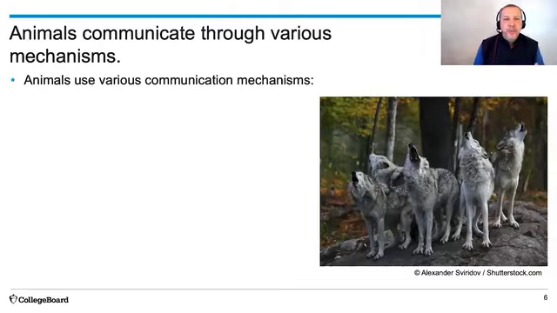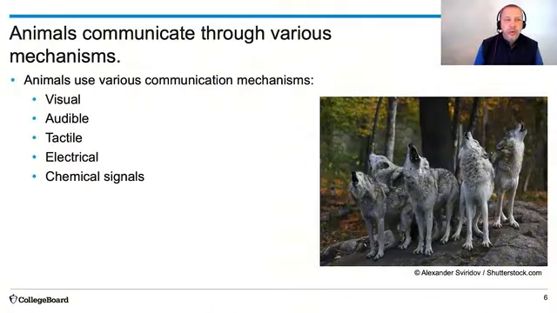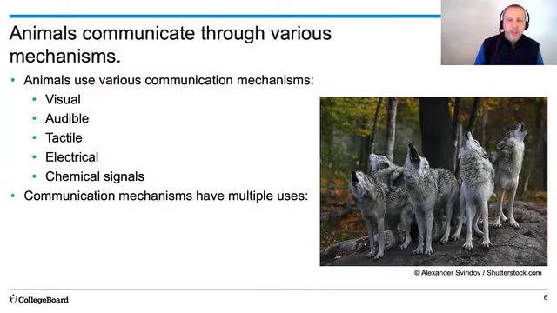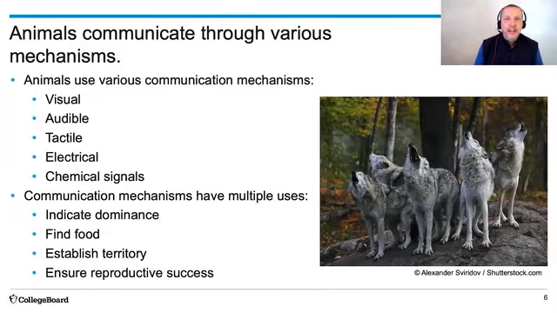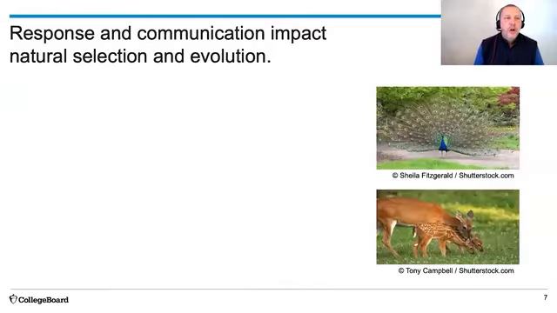Animals use various communication mechanisms: visual, audible, tactile, electrical, and chemical signals. Communication mechanisms have multiple uses. They can indicate dominance, help in finding food, establish territory, and ensure reproductive success. Response and communication impact natural selection and evolution.